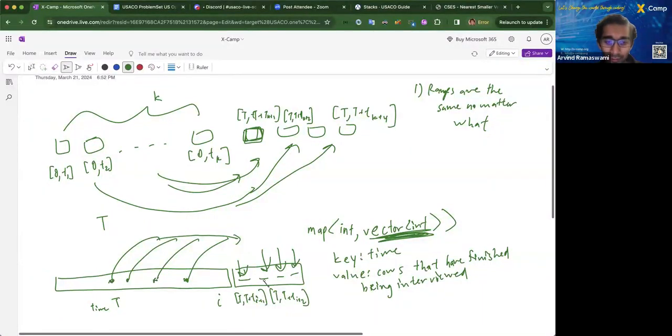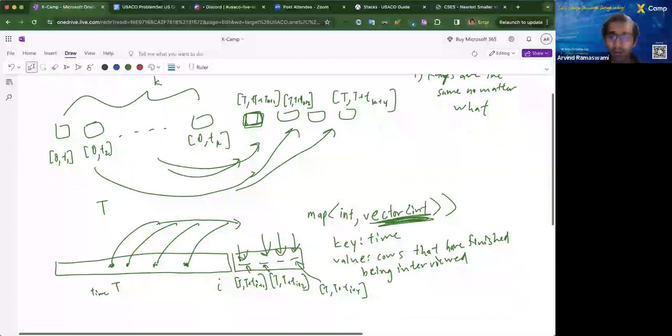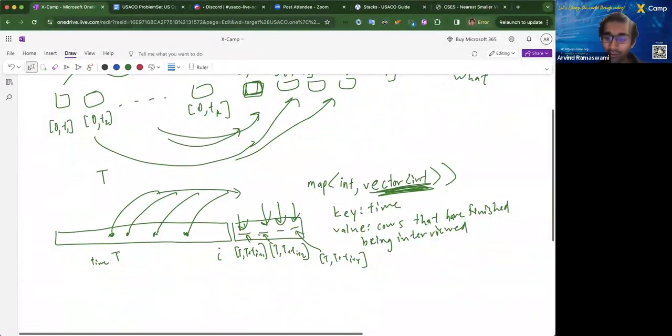These are just the intervals that these cows are interviewed. And then let's say there's 4 cows, then this interval will be from t to t plus t_i plus 4, right? And once we're processing this, we can just push this into our map.